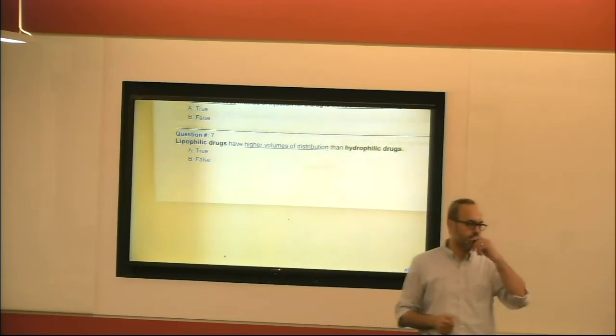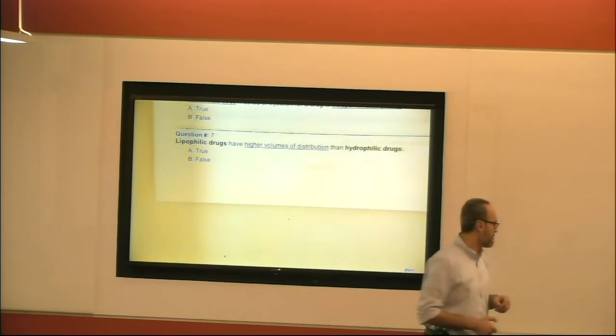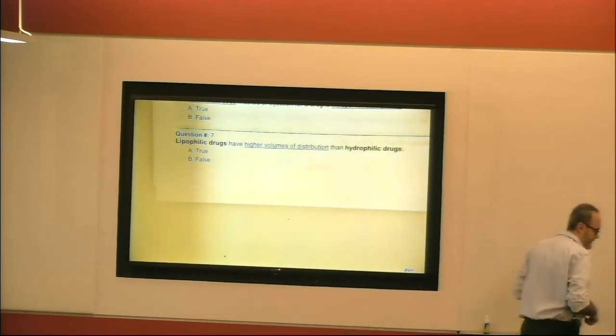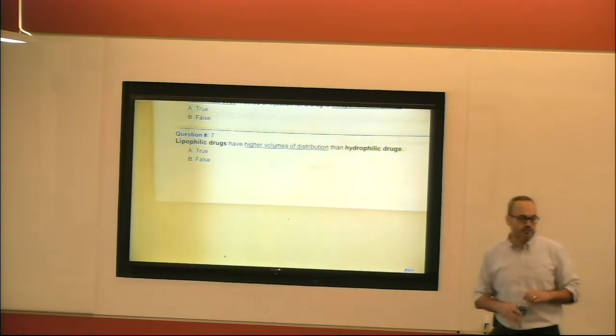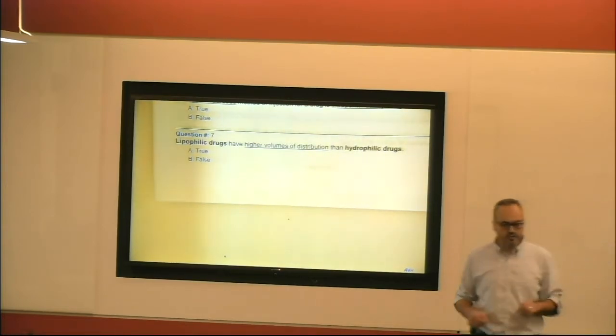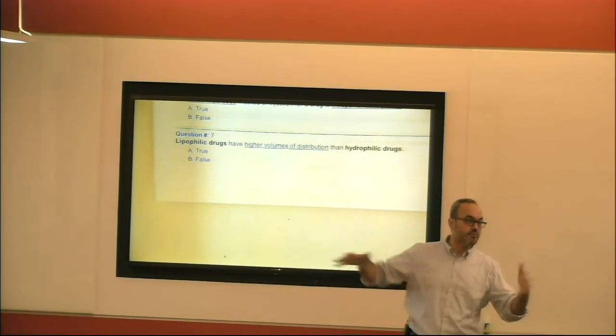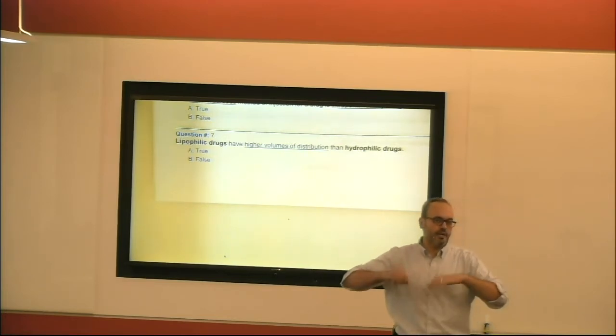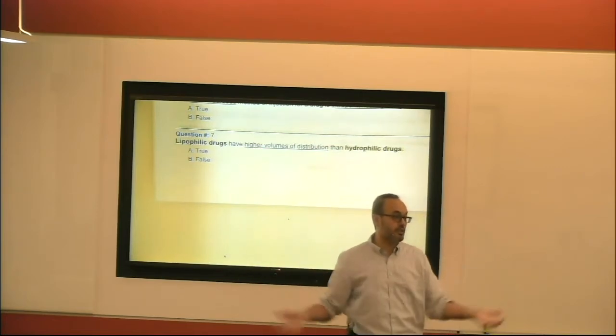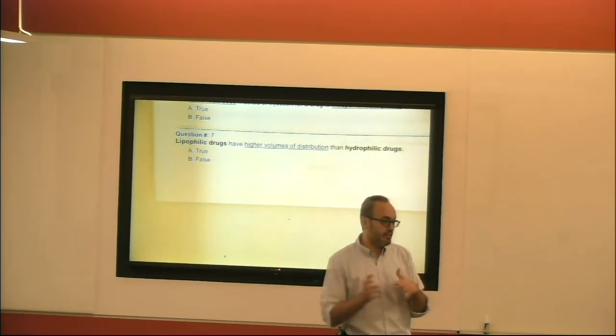Okay? Yes, ma'am. I guess on number 7, can you explain again why lipophilic are better? You mean have higher volume of distribution? Okay, so lipophilic drugs will bind into the fatty tissues deep inside the body, so they will occupy more regions in the body than the hydrophilic.